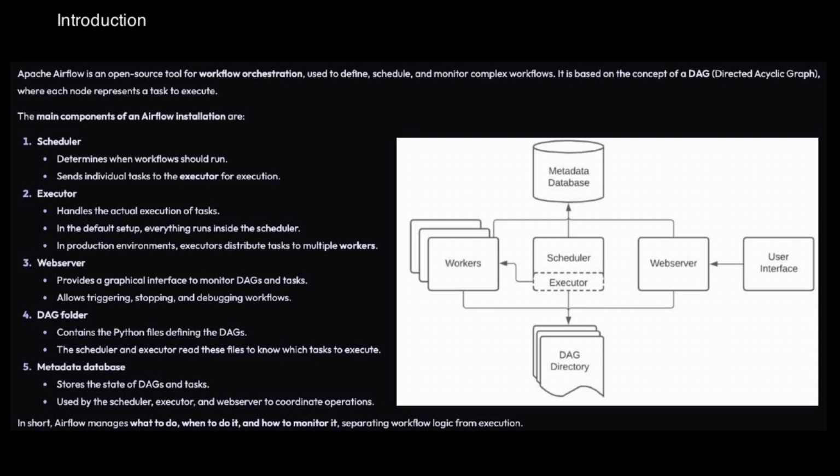Usually, you put the DAGs that you write in Python inside a DAG folder, and basically the scheduler and the executor read these files to know which tasks have to execute. The information about the DAGs to run is stored inside a metadata database.